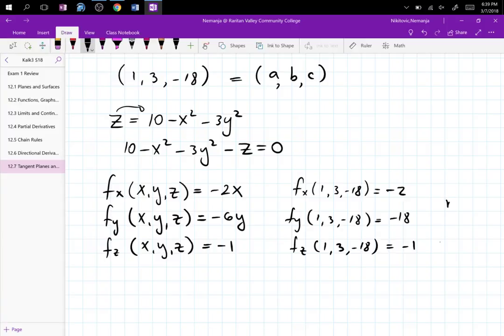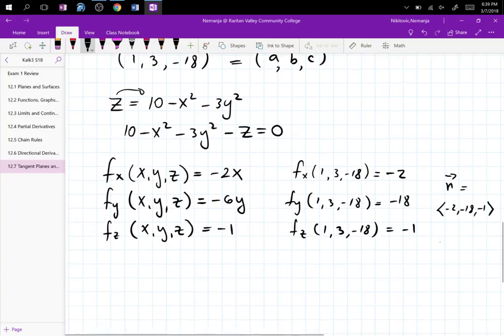So what do I have now? This is my vector n from the good old days of making planes: negative 2, negative 18, and negative 1. Let's make the plane.